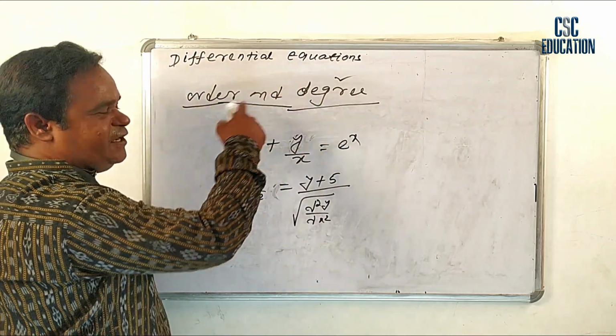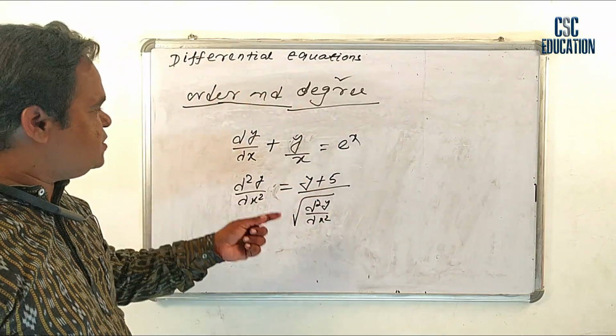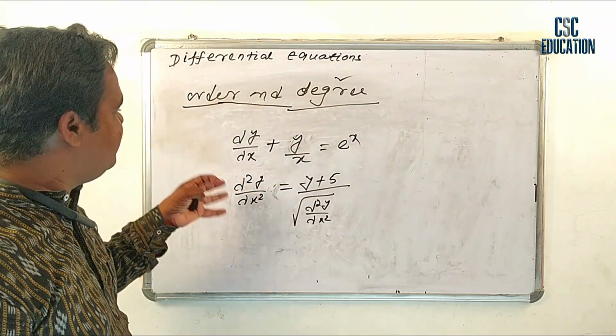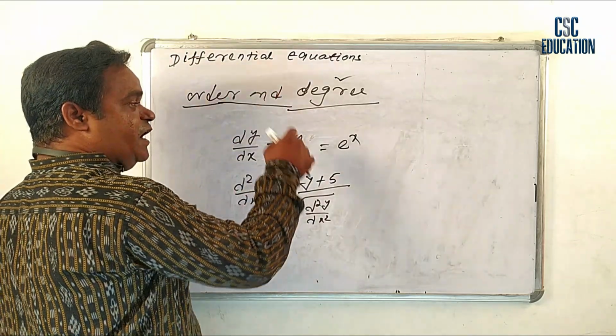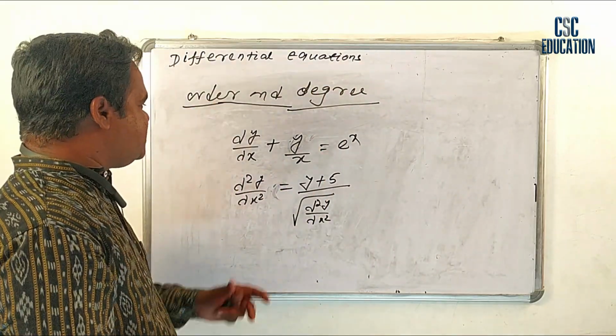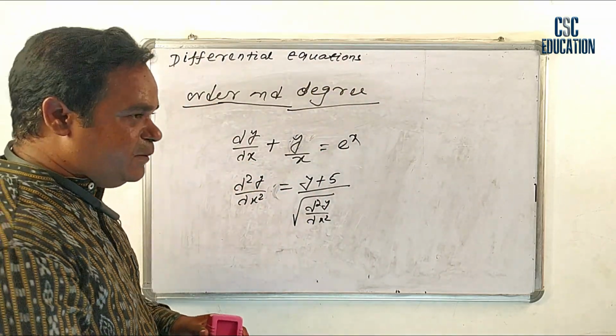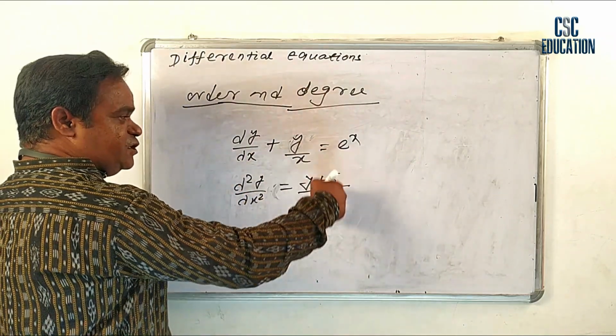Compare what is degree, what is order. Okay. In the differential equation, the highest order derivative present gives the order. Okay. So the power of the highest order derivative is known as the degree. Okay. So what is the order in these two equations?